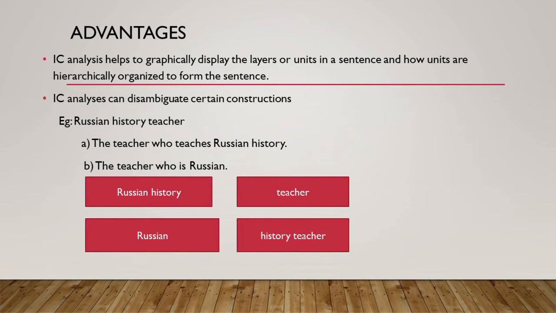So the two meanings: one is the teacher who teaches Russian history, the second is the teacher who is Russian. So using box diagrams or tree diagrams, you can disambiguate the sentence, and you can show two IC analyses for the same sentence.